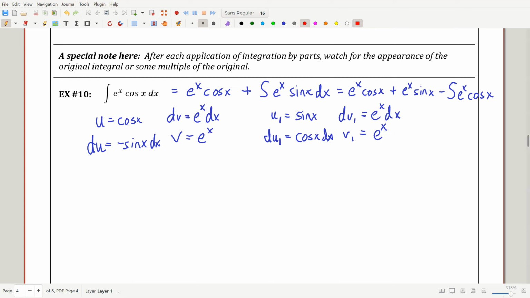So now here's what happens with this one. I have an equation: some integral that we want to find is equal to e to the x cosine x plus e to the x sine x minus the integral that we want to find, the integral of e to the x cosine x dx.